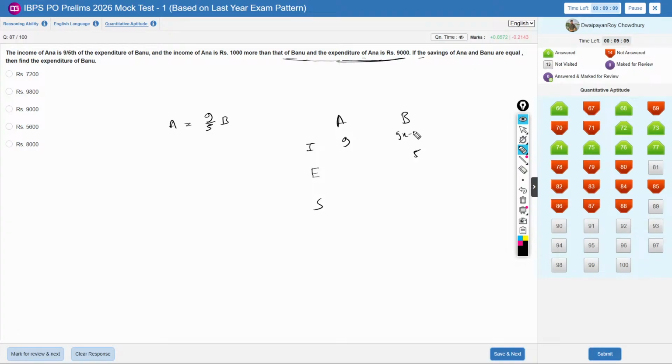So 9x minus 1,000, and the expenditure of Anna is 9,000 if their savings are equal. So 9x minus this is equal to 4x minus 1,000. So left side 8,000, 5x 8,000. Expenditure of Banu is asked, so 8,000.